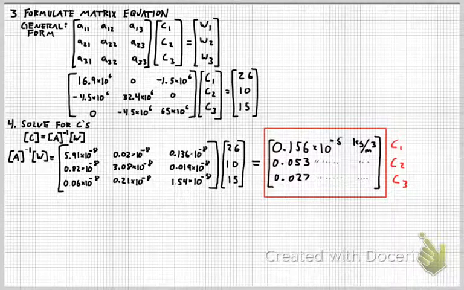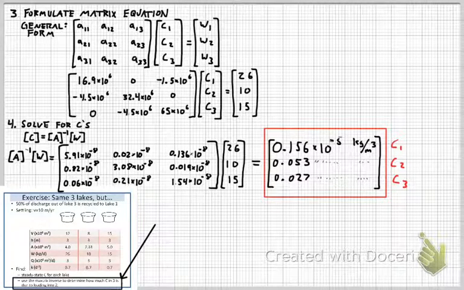Now, we're not quite done yet. We missed one item from the exercise assignment here, which was asking us to use this matrix inverse to determine how much of the concentration in lake 3 is actually due to the loading in 2. So essentially we're asking, how does a load in 2 get translated into a concentration in 3? Now, to solve this problem, we can take advantage of some of the terms that we've already got in our equation.